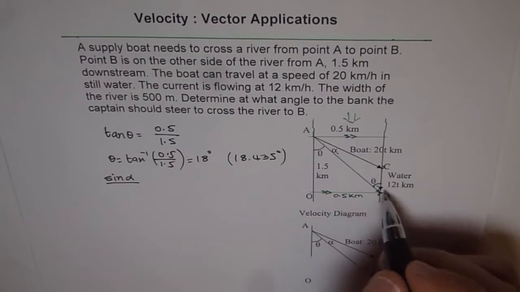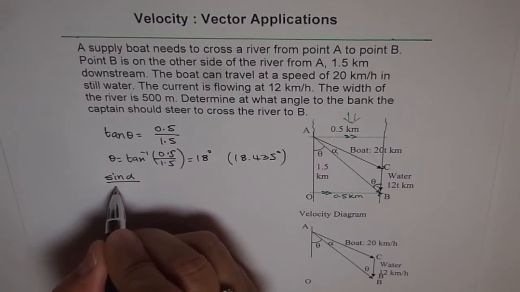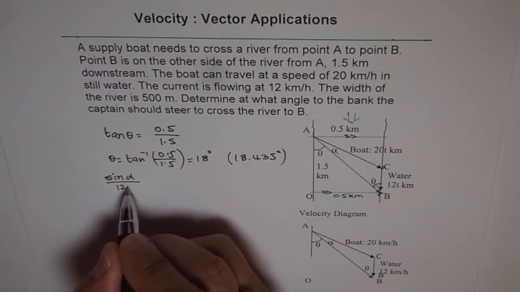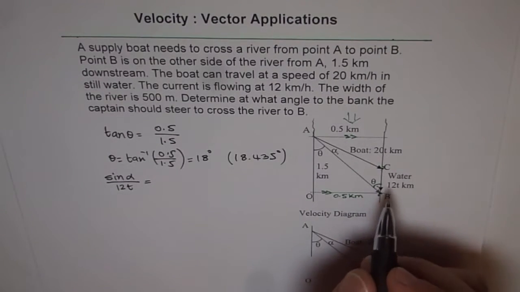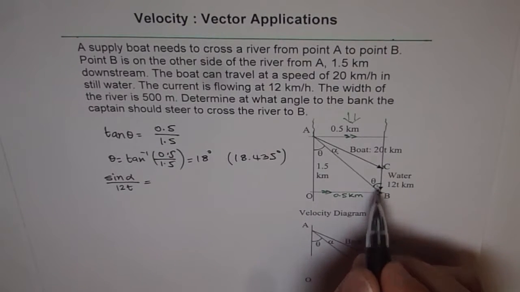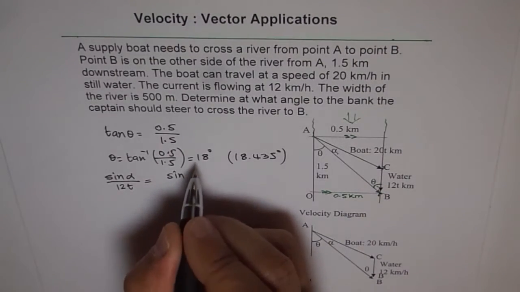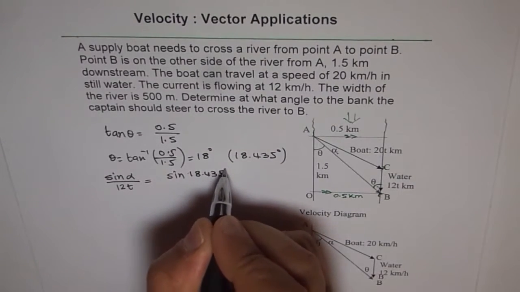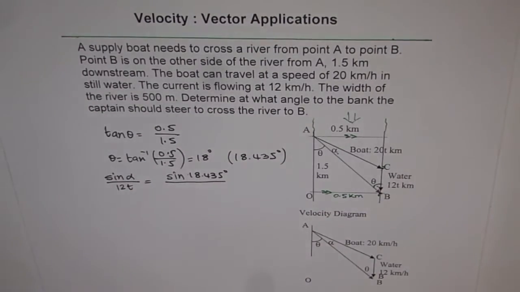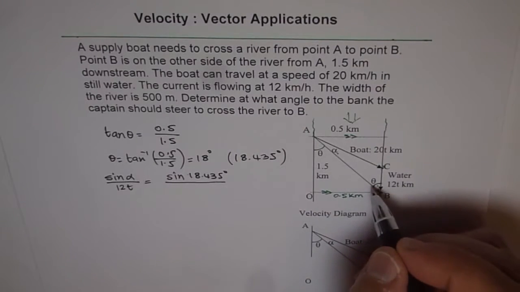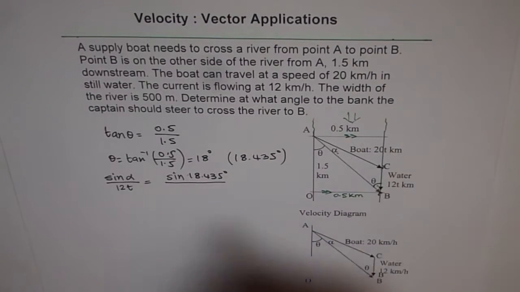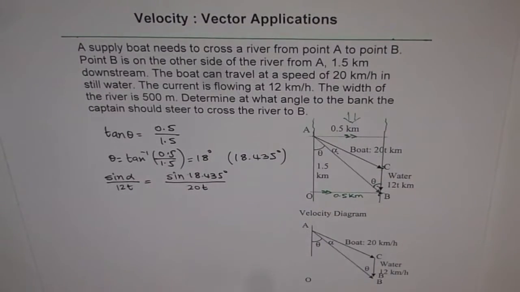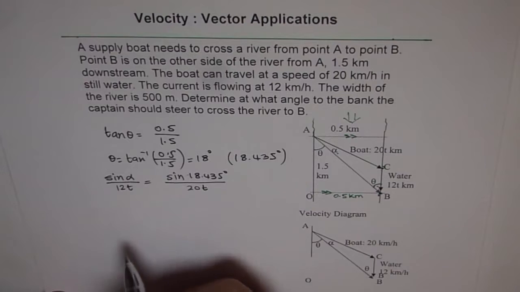We are putting all of the displacements. That is why we are writing 12t opposite to alpha, right? 12t should be equal to sine of theta. So we write sine of, instead of 18 degrees, I will write 18.435 just for accuracy, divided by side opposite to it, which is the boat speed 20t. Correct? Now from here we can find what alpha is.